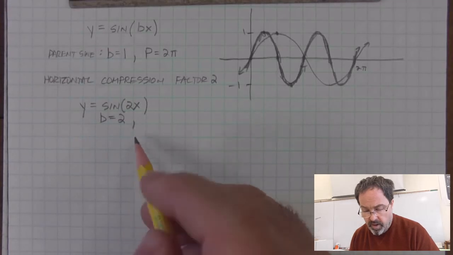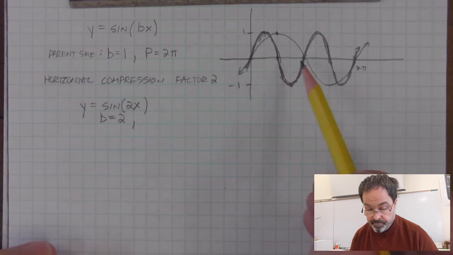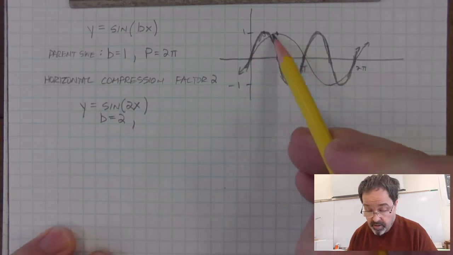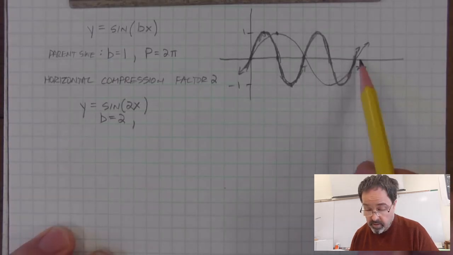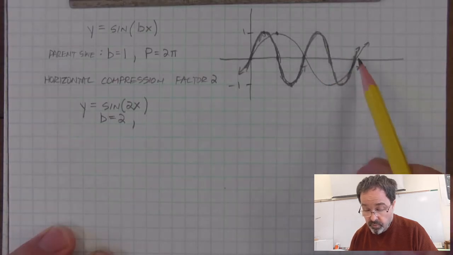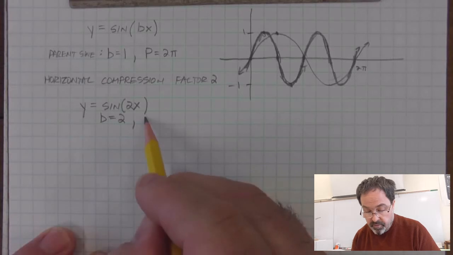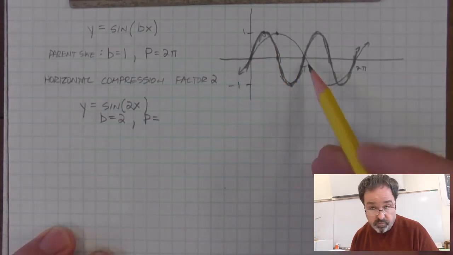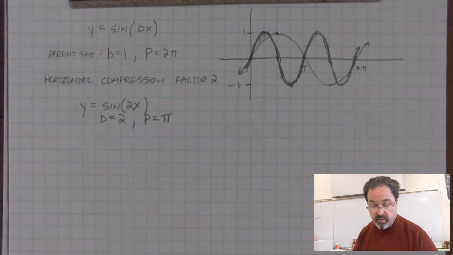Let's think about what happened to the period of the dilated sine wave. Parent sine completes one period in the space of 2 pi. After compressing it by a factor of 2, I can see that I have 2 complete periods. So the period, the space to complete just one, in this case, is pi.